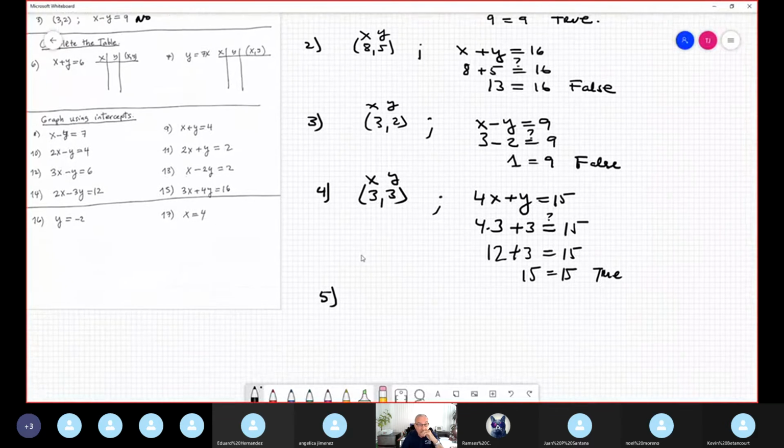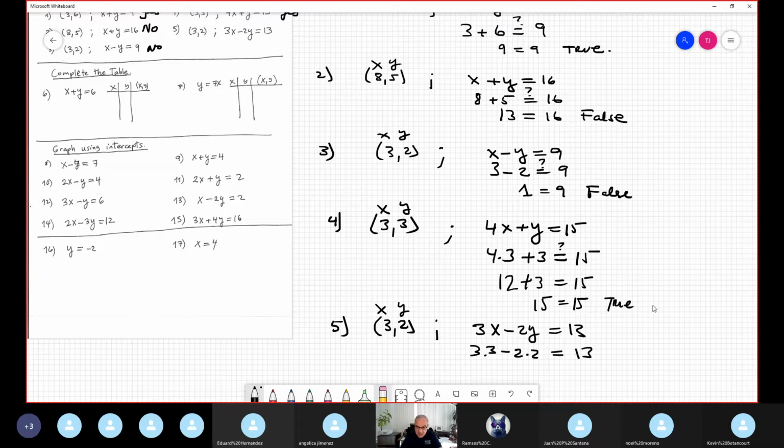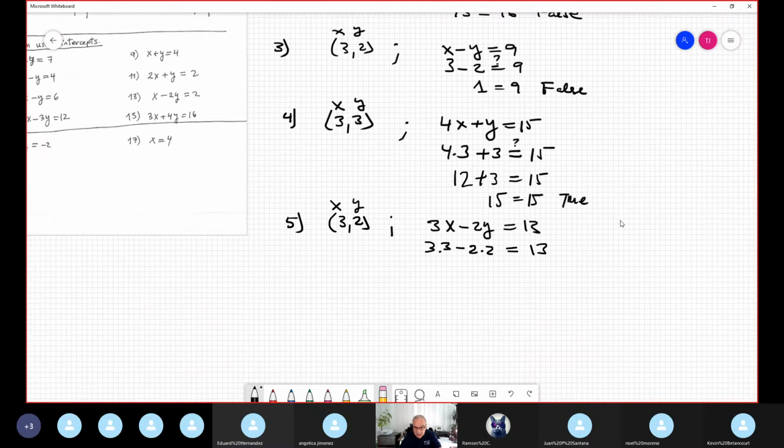Okay, number 5, the point is (3,2). The equation is 3x minus 2y equals 13. This is the x value, this is the y value. This is 3 times 3 minus 2 times 2 should be 13. 3 times 3 is 9. 2 times 2 is 4.